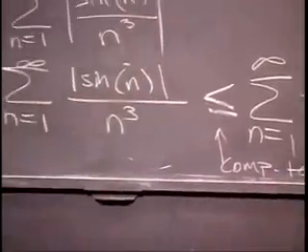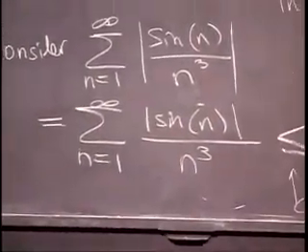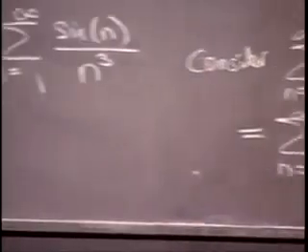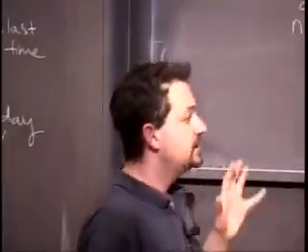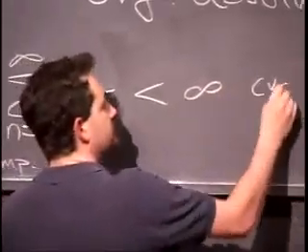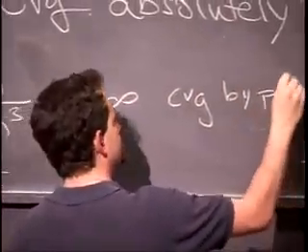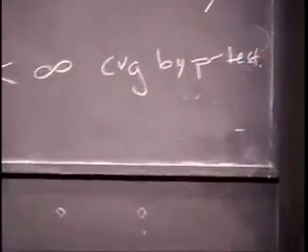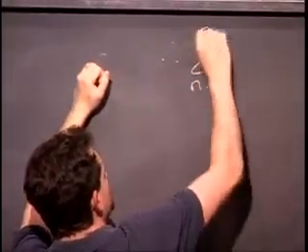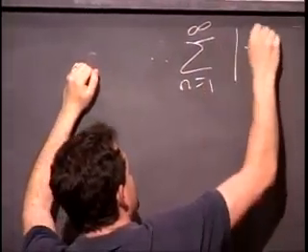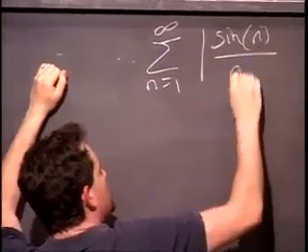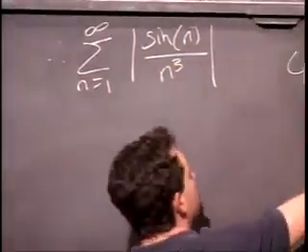You cannot do the comparison test on the original series because sine n could be negative. It's not allowed. So in any case, this converges by the p-test. Therefore, the new series we looked at converges by the comparison test.